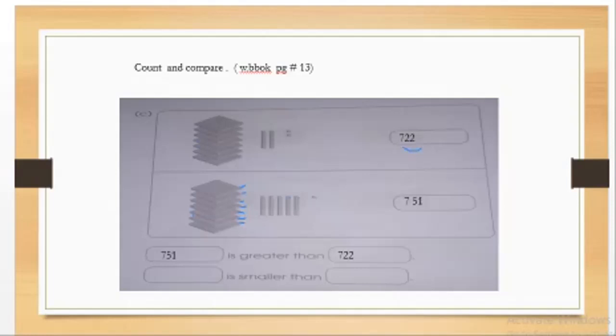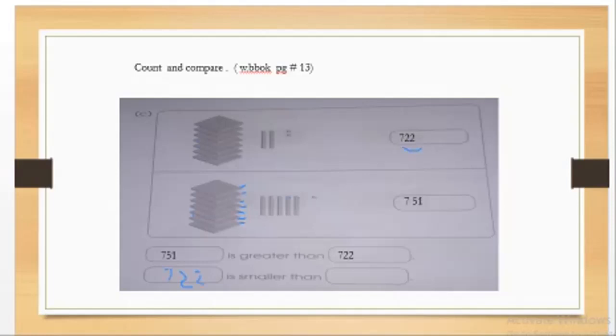But students, in the next statement, they just changed the question. Dash is smaller than dash. They're asking about the smaller value. So you are supposed to write the smaller number at the first place, that is 722.